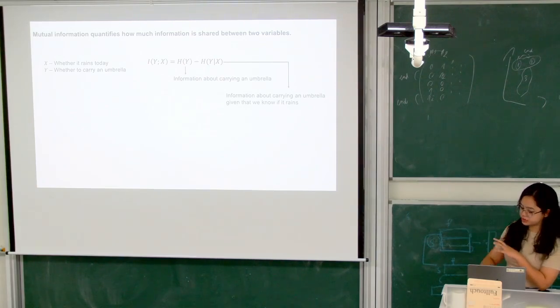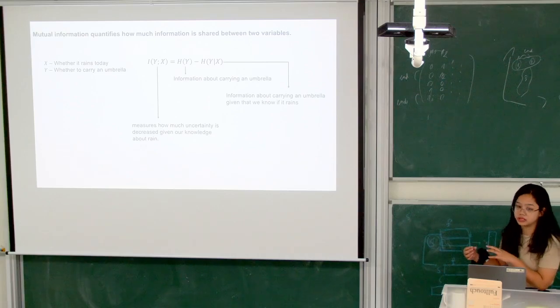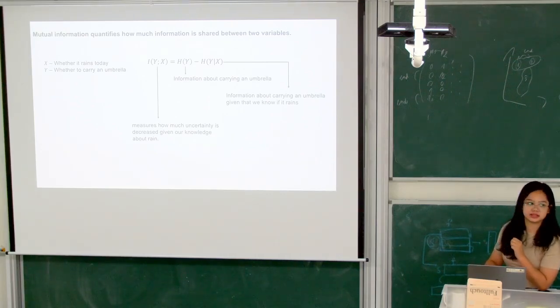The difference between these is the mutual information. Intuitively, this measures how much uncertainty is reduced given our knowledge about the rain. Is it clear?